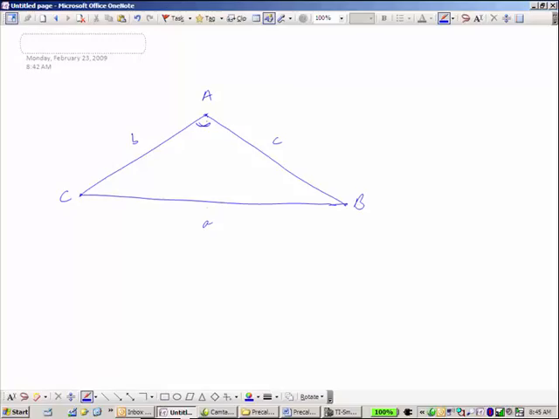So side A is lowercase a, and that's directly across from angle A. Side B is lowercase b, and that's across from angle B. Do you see how they correlate? That's our assumption that we make when we say triangle ABC and we label it with sides and angles. Okay? Unless we state otherwise.